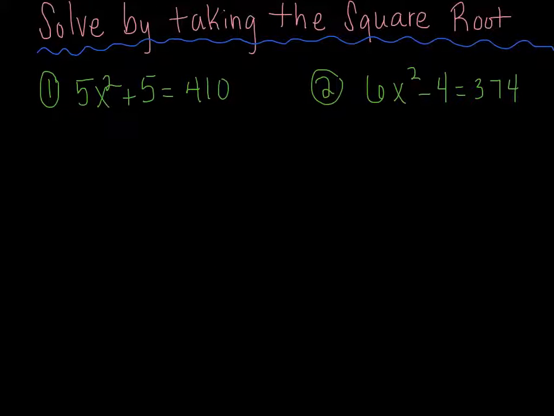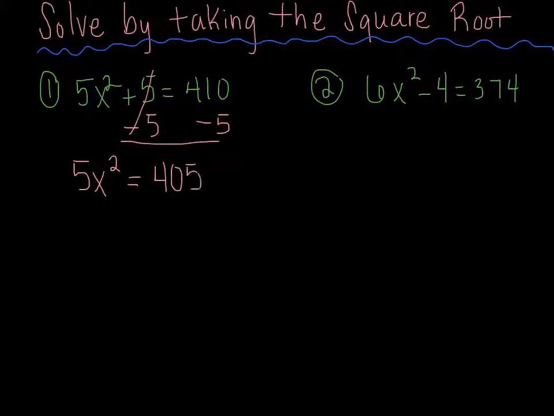The next problems, we're still solving by square root, but now we've made it into a two-step equation. The first step we'll have to do is subtract 5 from both sides. We'll get 5x squared equals 405.